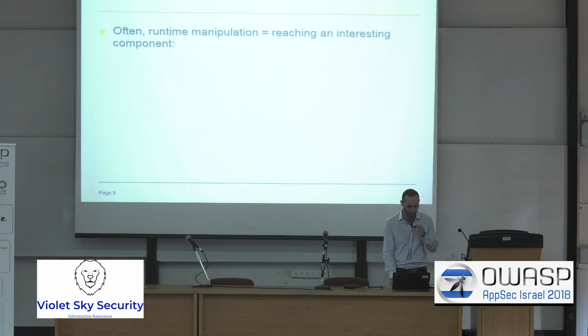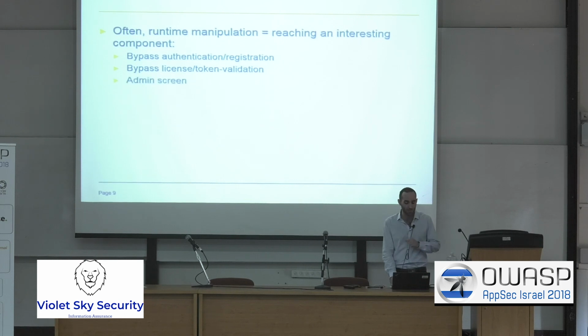But how can we do that? A lot of the times when we want to do runtime manipulation to bypass restrictions, what we are actually trying to do is one of two things. Either get away with something that doesn't let us continue to a more privileged, more interesting screen or component, or we just want to load a certain interesting screen or component. That can be an authentication or registration screen, some screen that requires us to put in a license or some kind of token validation.